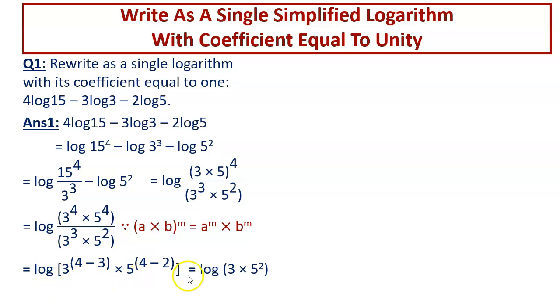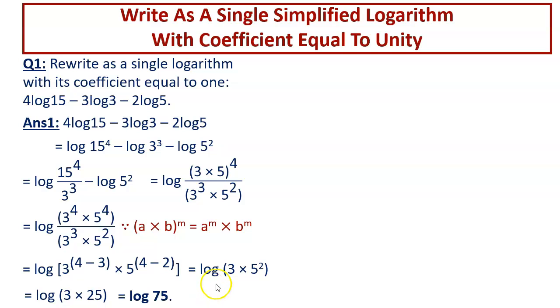And this is log of 3 raised to the power of 1, or simply 3, times, and of course there is this multiplication sign in between, 5 raised to the power of 2. So what is 3 times 5 raised to the power of 2? 5 raised to the power of 2 is 25. So it is log of 3 times 25, which is equal to log of 75.